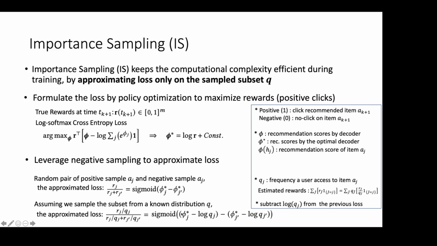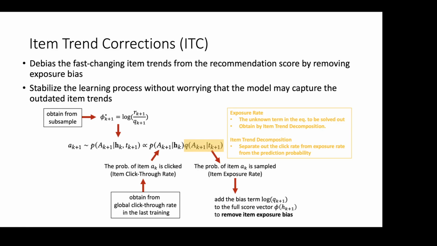So you can get the scores, and we can easily compute this frequency, and we can just use this loss to approximate the loss. Otherwise we would have to calculate this loss for the entire data set, but we don't have to do it in this form. So it's very computationally efficient.